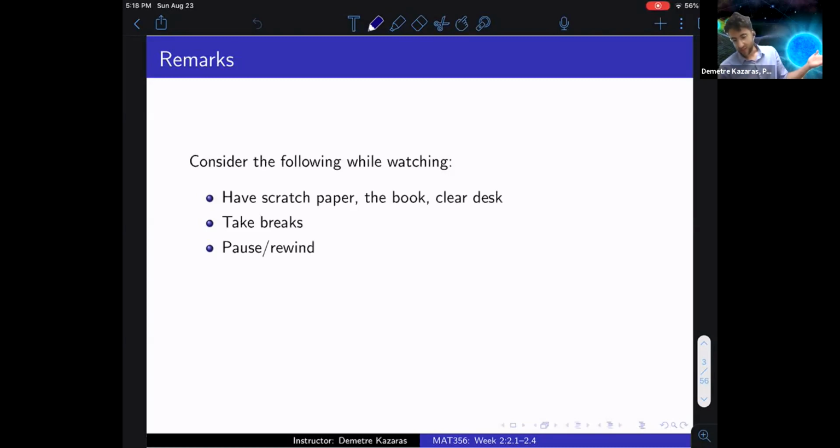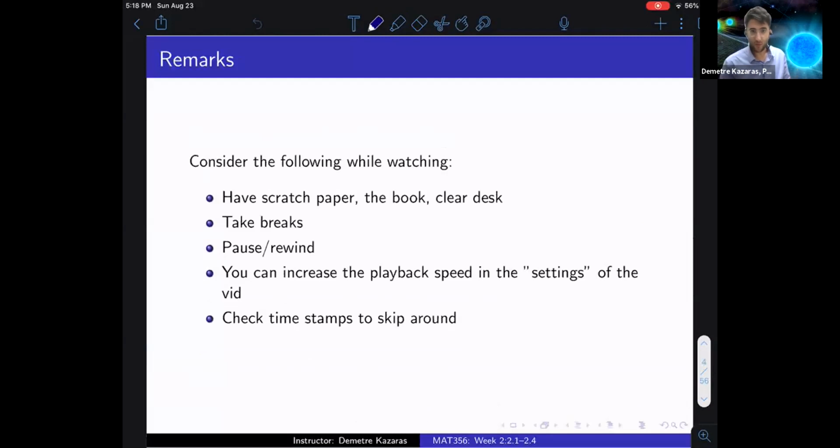There are some other things we can take advantage of in this format. Something you cannot do in real life, even though you may want to, is increase the speed of the playback. There's a little gear button at the bottom right of the video with a setting for playback speed, and you can increase it.